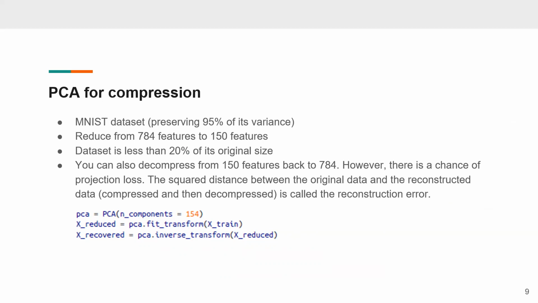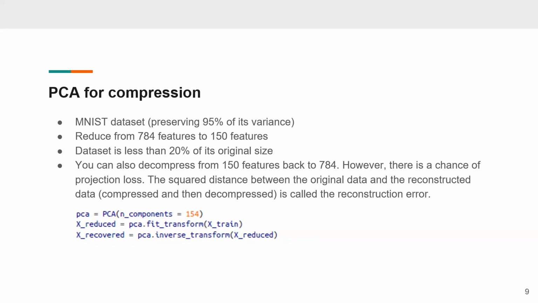You can do the same thing to decompress from 150 features back to 784. However, just because of this back and forth, you have a chance of projection loss. The squared distance between the original data and the reconstructed data, which was compressed and then decompressed back, is called the reconstruction error.